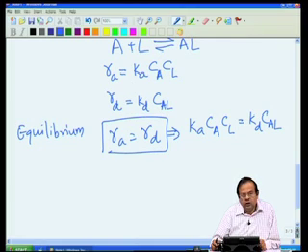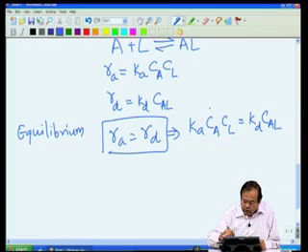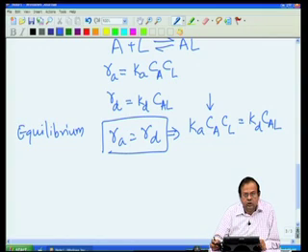Now, what is it that we are trying to determine here? We are trying to find out that given concentration of A, Ca, what is the fraction of A that is at equilibrium with the catalyst. So, that means what is the concentration Cal.